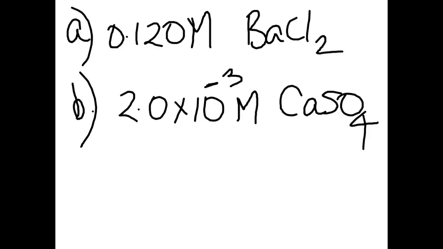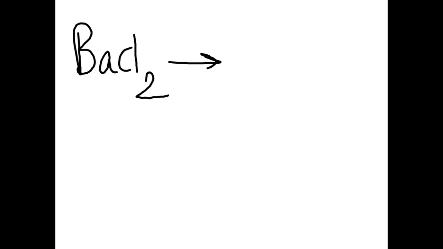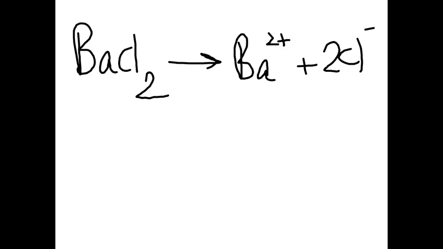Think about the 0.120 molar barium chloride. How many particles did you say you get from that? Yes, because if you break it down, or what we call dissociation, you get barium and how many chlorides? So a total of how many particles? Yes, very good.